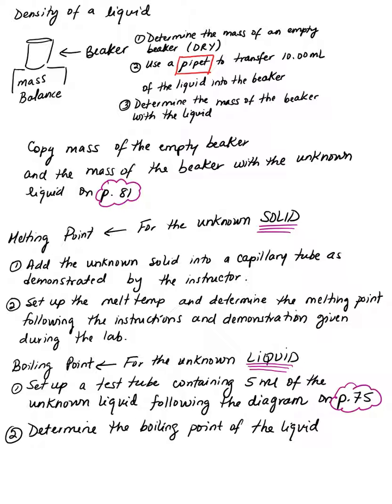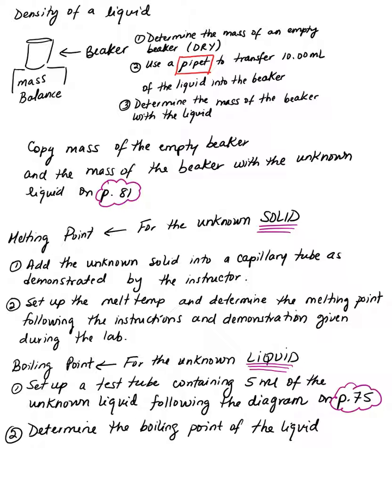And then for the boiling point, you have a diagram in page 75. So you're going to set up everything besides the test tube where you have your liquid. That part I will tell you what you have to do, and then you will place your test tube in the clamp following the diagram that you have in page 75.